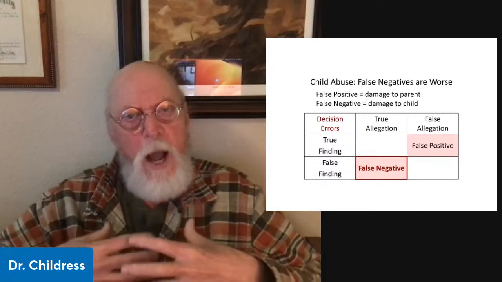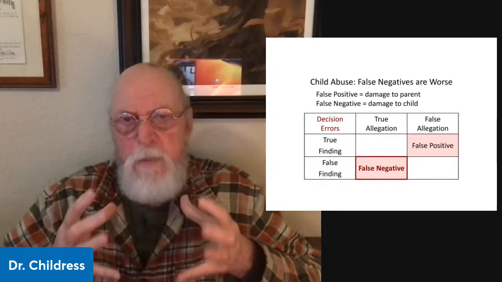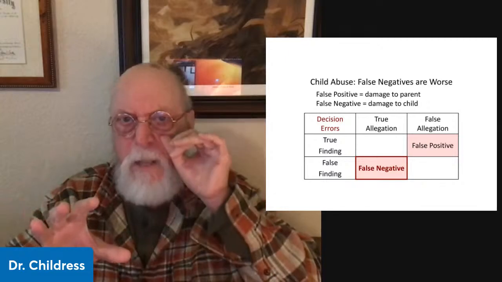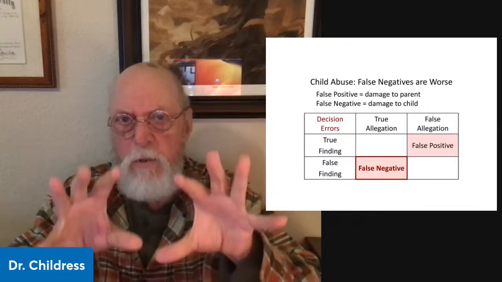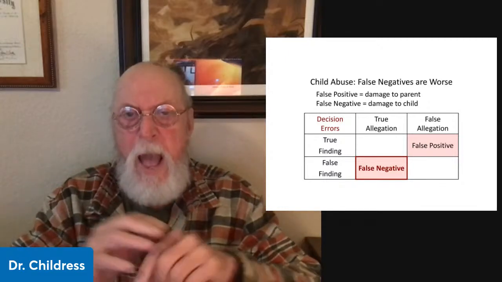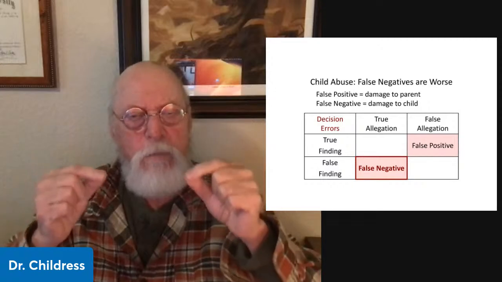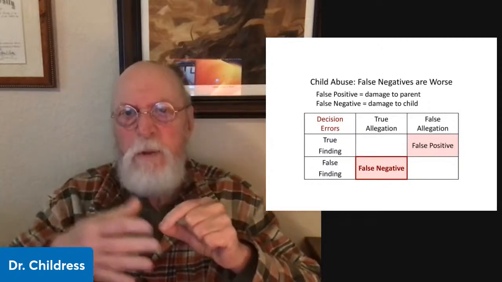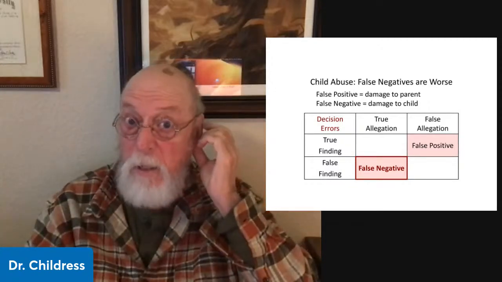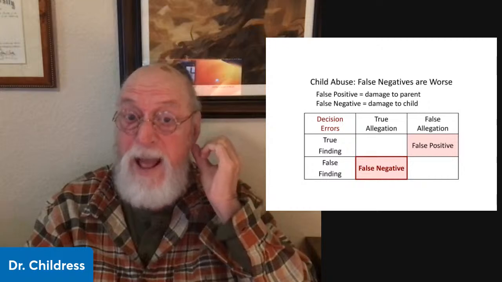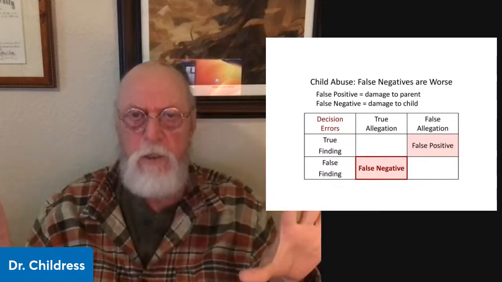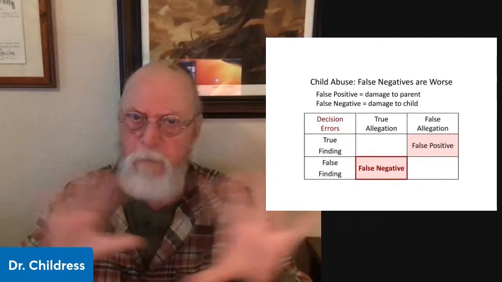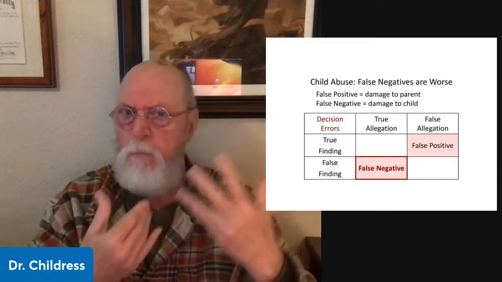So when the child is able to overcome that reluctance and make an allegation of child abuse towards an abusive parent, for that child not to be believed, if we go, I don't believe you, and we send the child back to be with that abusive parent, that is devastating to the child. And the child will never report abuse again because they weren't protected.